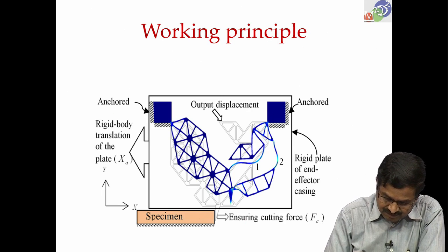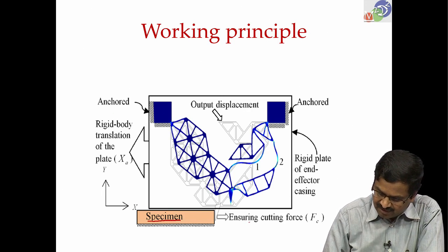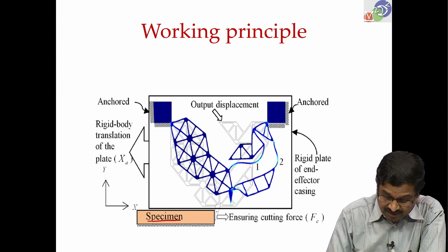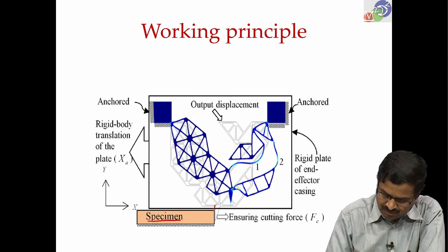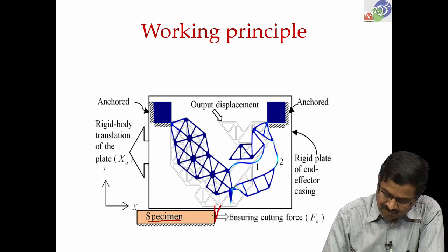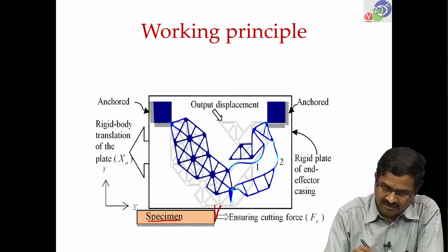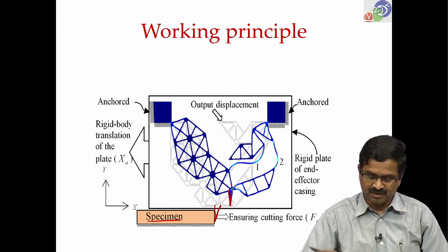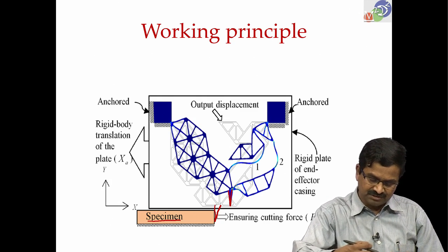The specimen is here and when you are moving it there, the cutting force will be in this direction on the mechanism. The cutting tool once again is here. What will happen is, when the cutting force exceeds a limit at some point, you see how the nonlinear deformation has taken place, it has moved here, it retracted. Because of the force it just goes.